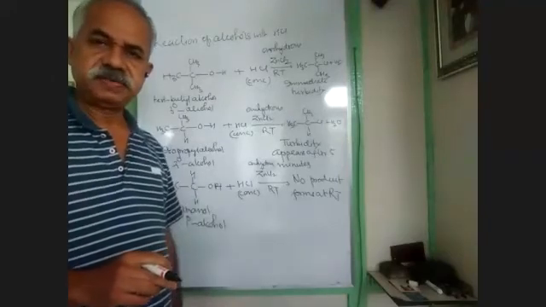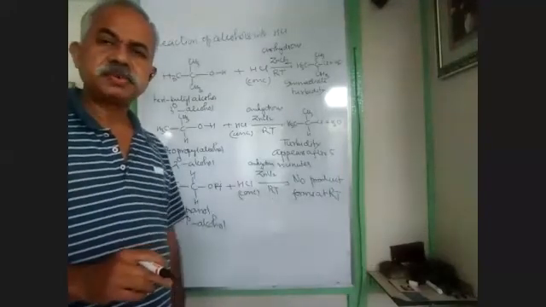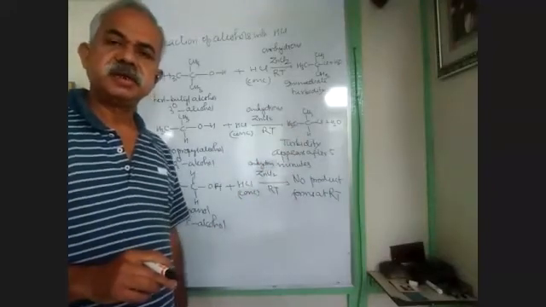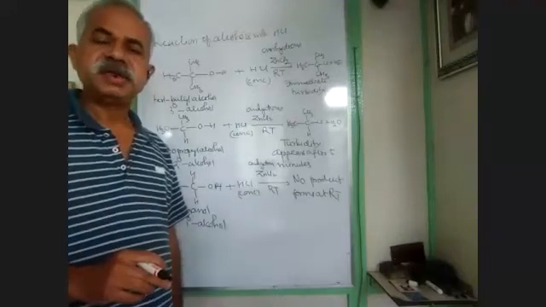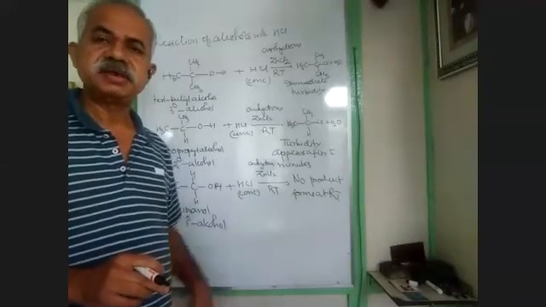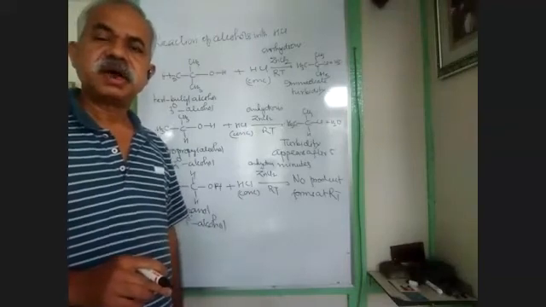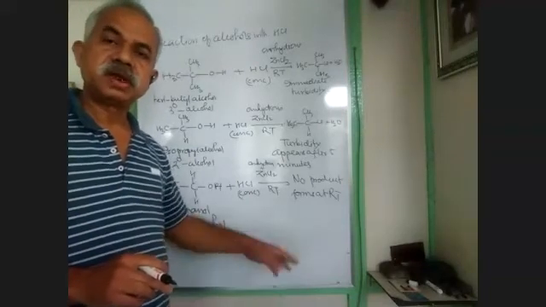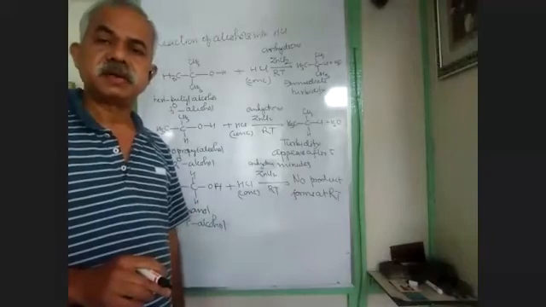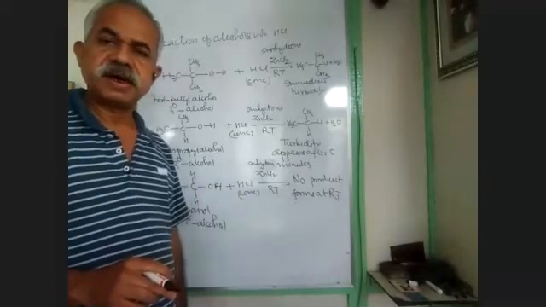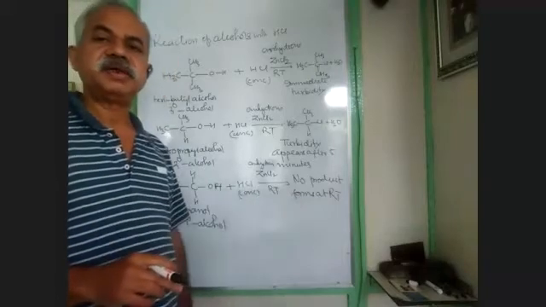The other 2 test tubes, you go on shaking. You will find in the second test tube the turbidity appears after 5 minutes, then it is secondary. Obviously, when you identify 2 out of 3, you know the last one is primary alcohol. But this test tube, you warm it for some time over a burner, and you'll find the turbidity has appeared.